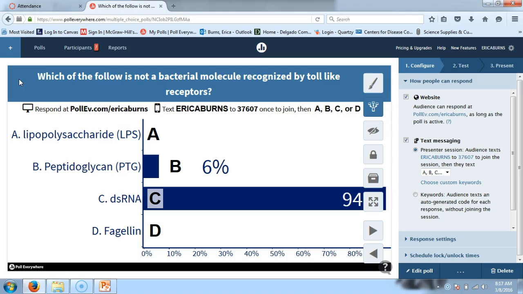That's the protein that makes up the flagella for bacteria, right? So those were all bacterial, right? C was our distractor. That was viral. But again, these are very common attributes among bacteria. This isn't going to tell us a specific bacteria because we're still in our non-specific aspect of our immune system, what we call our innate.